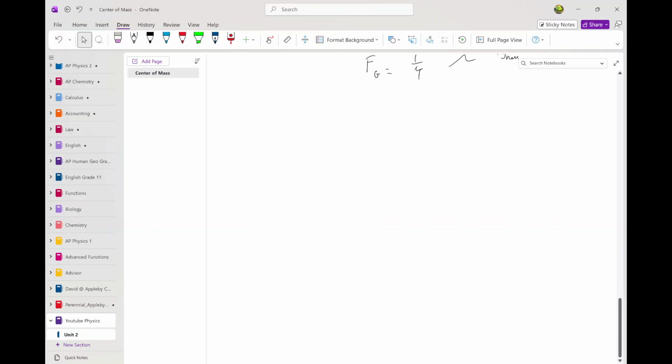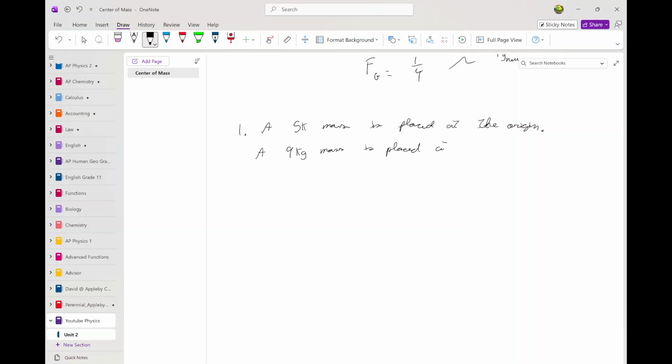So let's just do some quick problem reviews. Let's say that a 5 kilogram mass is placed at the origin, and then a 9 kilogram mass is placed at x equals 2 centimeters.